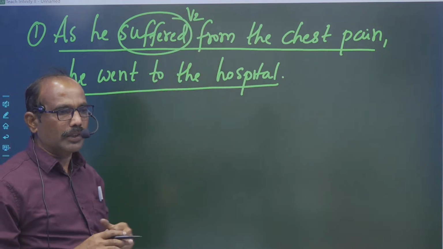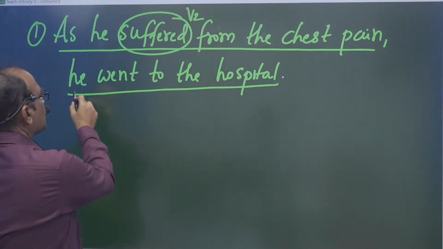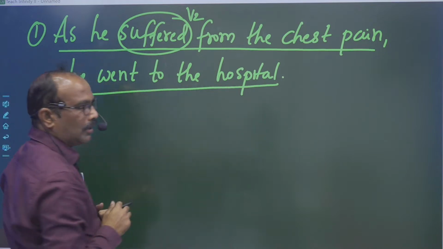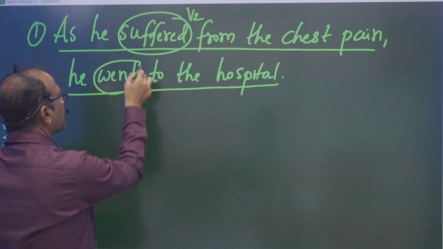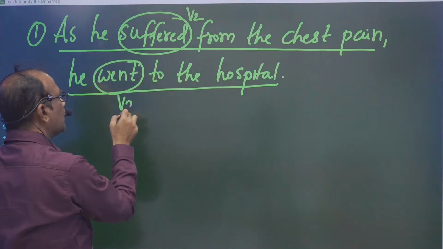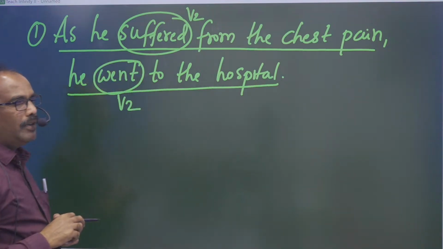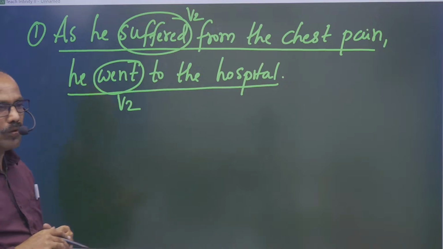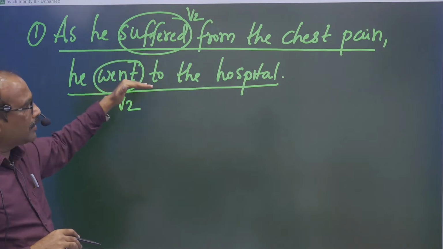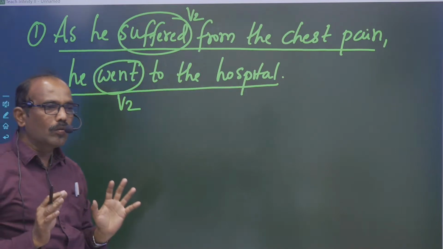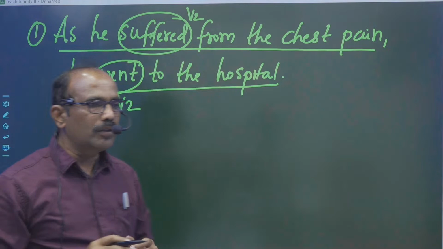This is also a clause because this is also a part of a sentence, and this part also has a finite verb, went, the verb number 2 form. So there are two clauses in it.